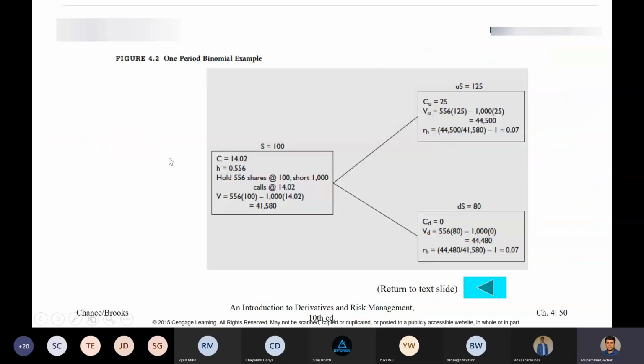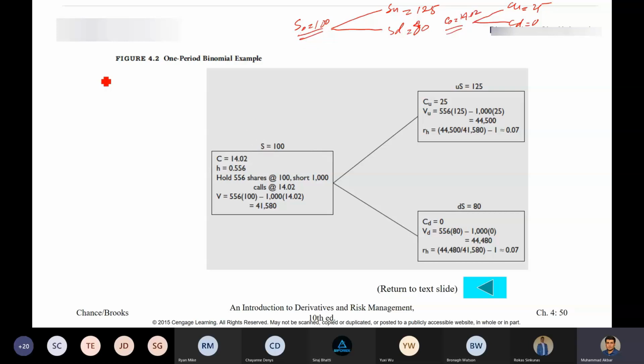Right now the stock price is 100 and it can go to SU and SD. SU will be 125 and SD will be 0.8 multiplied by 100, so 80. That would mean that CU will be 25 and CD will be 0, and we just calculated C naught to be equal to 14.02. So these are the possibilities.